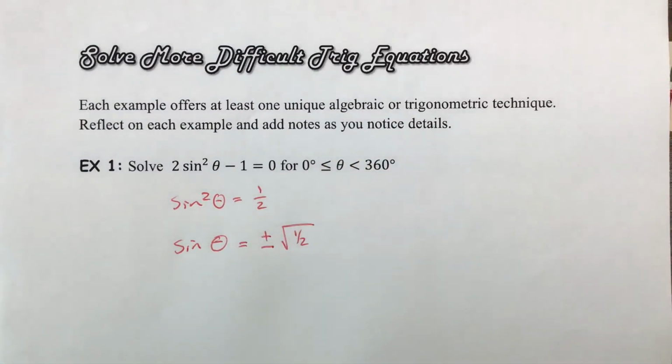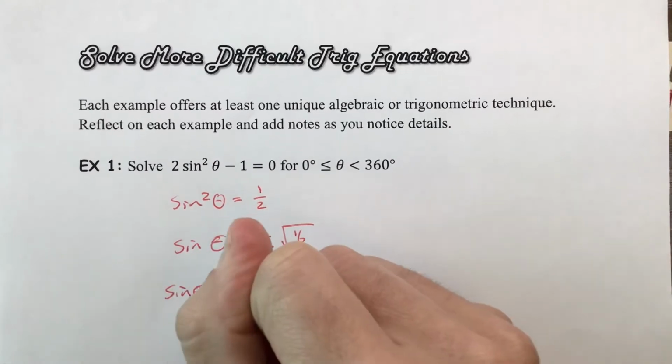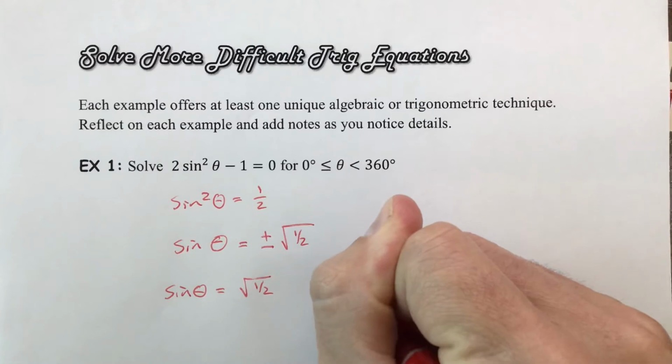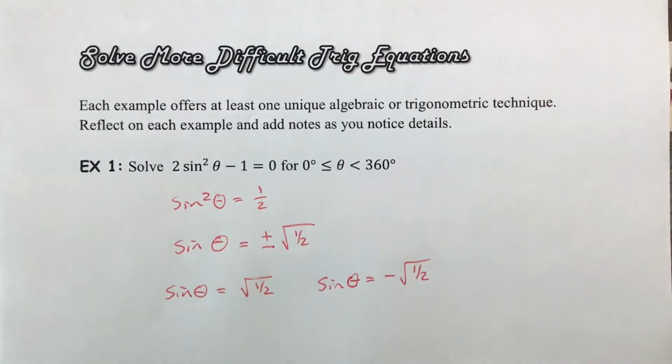That's going to split our problem into 2 different directions. One is that the sine of theta can be equal to the square root of 1/2. The other is that the sine of theta can be equal to the negative square root of 1/2. Both of these are going to work.